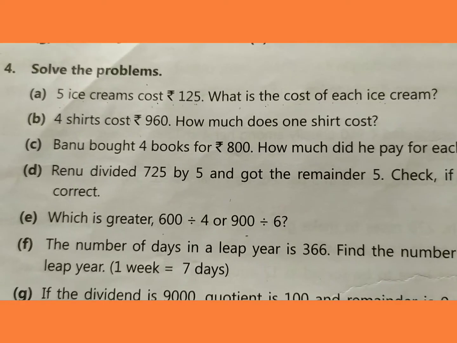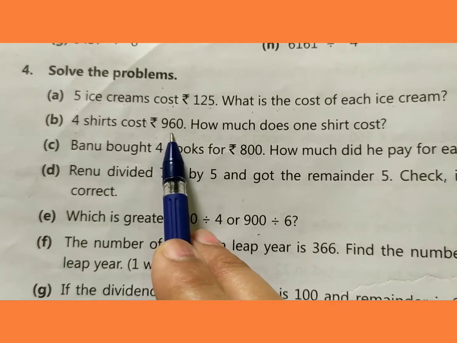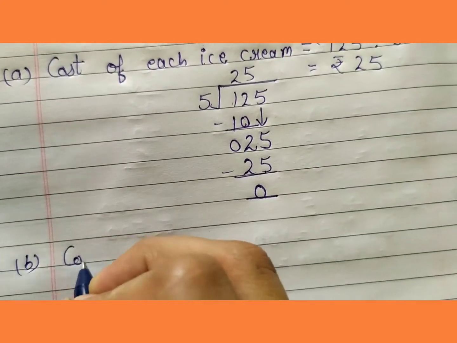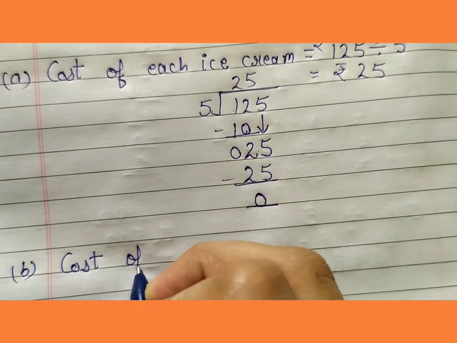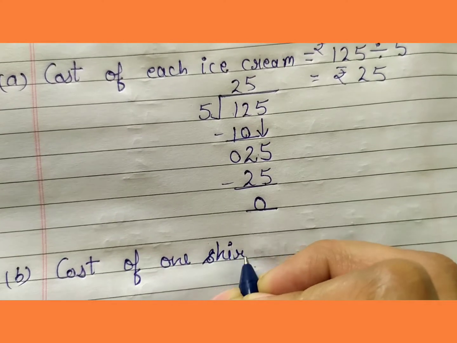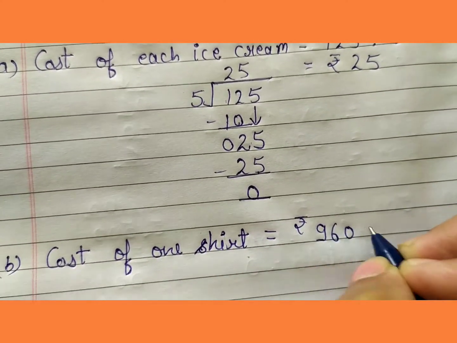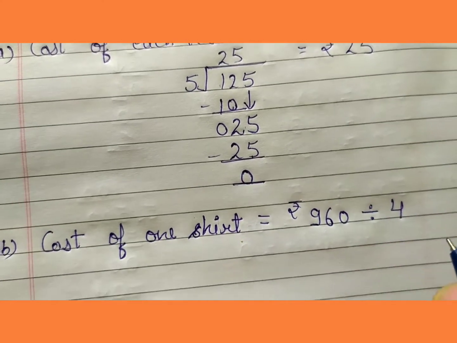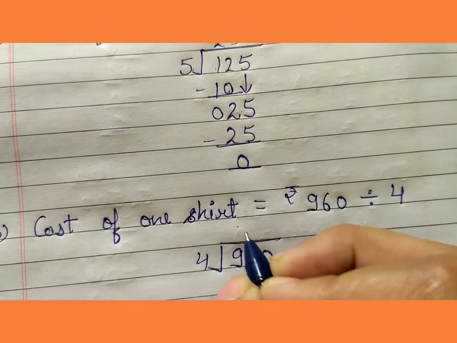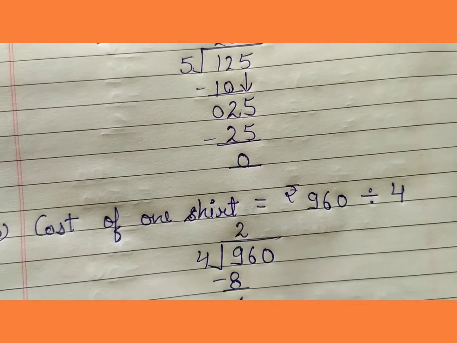Okay children. Question number 2. 4 t-shirts cost rupees 960. How much does one shirt cost? Cost of one shirt is rupees 960 divided by 4. 4 2s are 8. 9 minus 8 equal to 1.